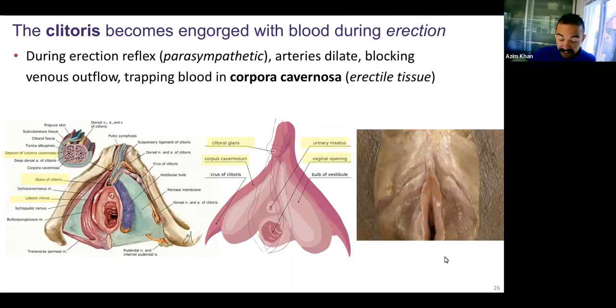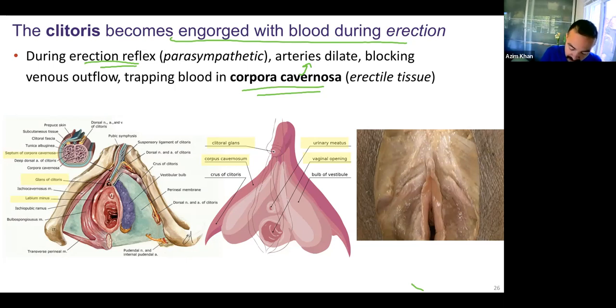More on the clitoris and its similarities to the penis. It becomes engorged with blood during erection. So it has an erection reflex just like the penis does, also controlled by the parasympathetic nervous system. Like what we've seen before, we have corpora cavernosa that have arteries that dilate and block venous outflow because this is erectile tissue. If you take a look at these corpora cavernosa, you can see here and here, this is a cross-section of the clitoris in this picture I'm pointing at.